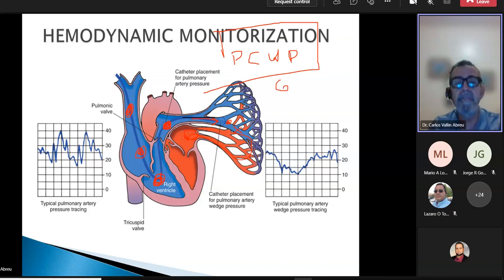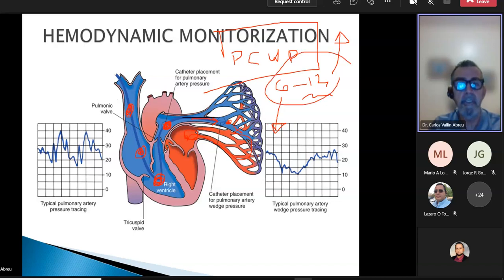The normal value is 6 to 12 millimeters of mercury. So if it is elevated, it's too much preload. If it is decreased, a patient needs liquid. This is the interpretation. Going beyond, as Hesi does, in which moment you measure the wedge pressure, if at the end of inspiration or at the end of expiration, etc., it is too much.